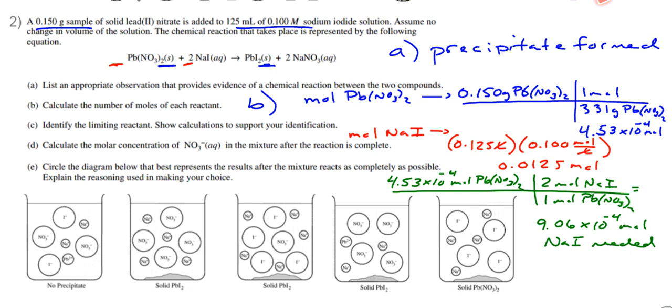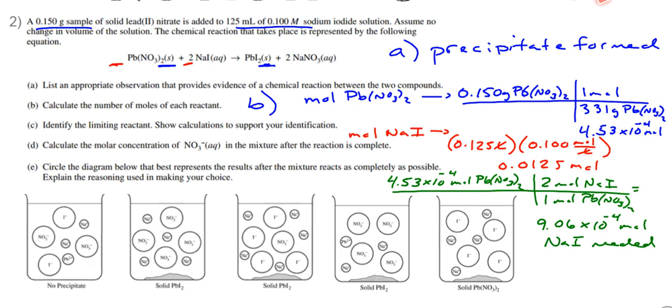So that's how much I would need. I have a lot more than that. And I know some of you could have looked at that and said, my gosh, I need twice the amount of that, and I have more than twice. It's fine, but you have to show it because it asks for it with the calculation. So you have to have that.